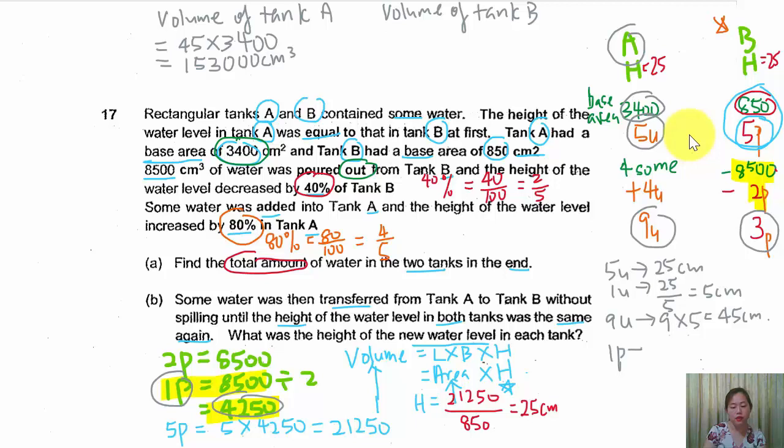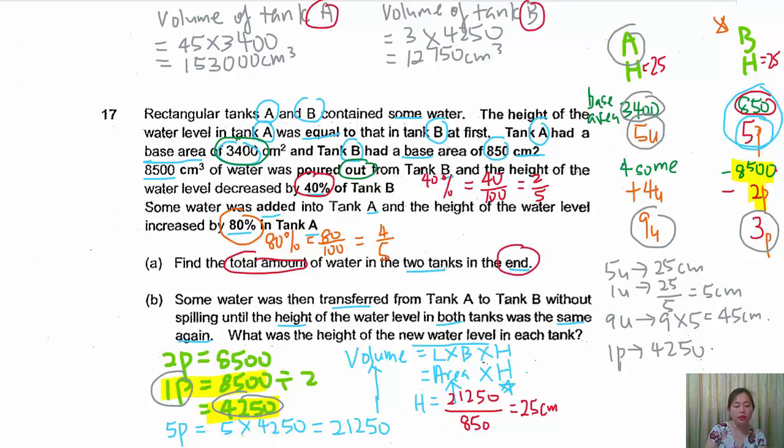So if 1 part is 4250, we will know that it will be 3 multiplied by 4250, which is equal to 12750 cm cubed.